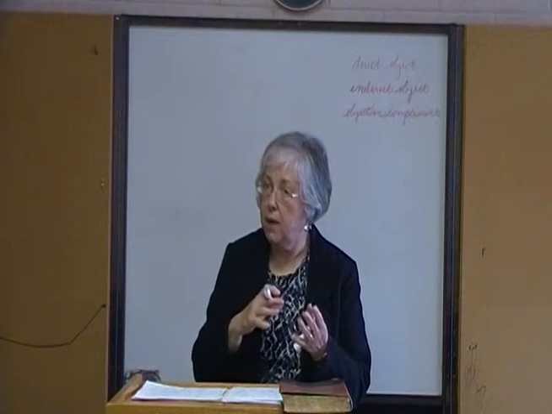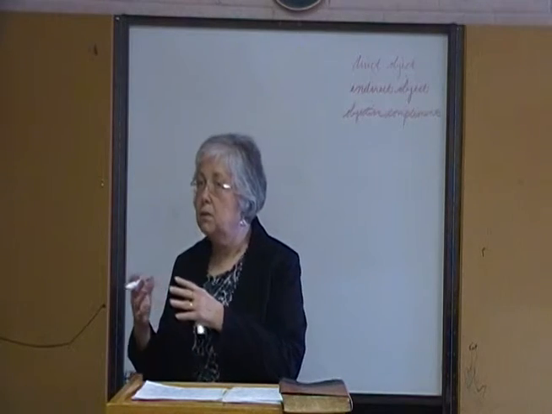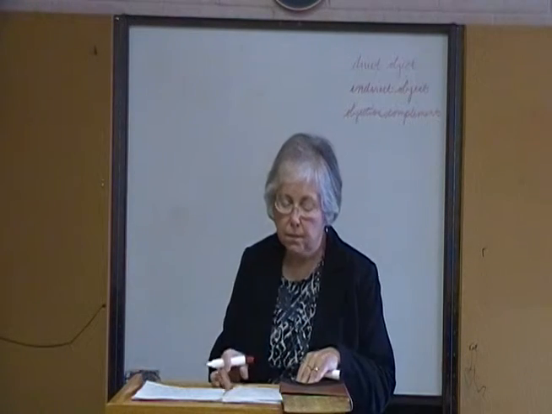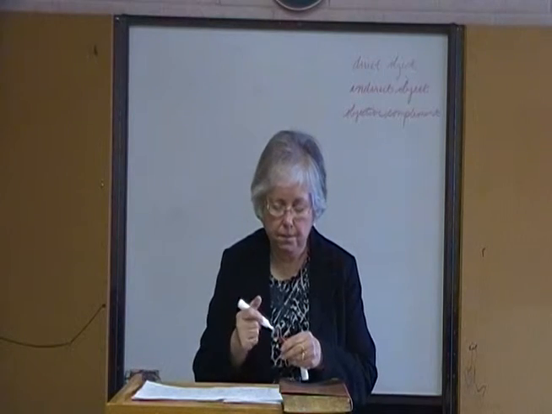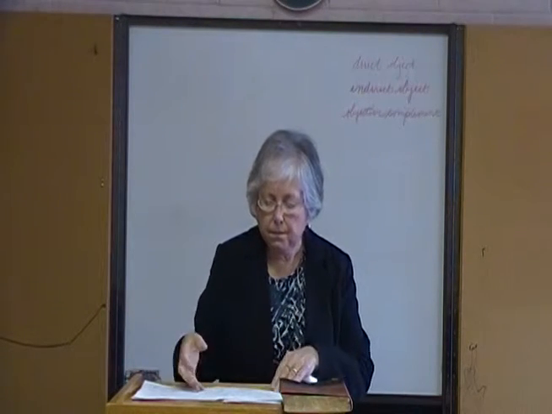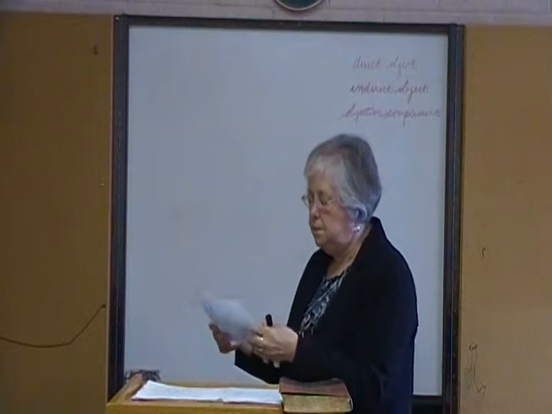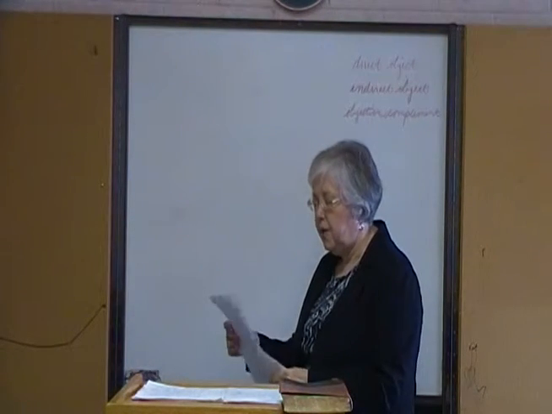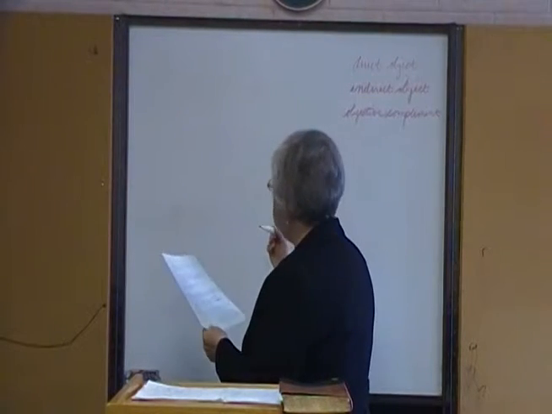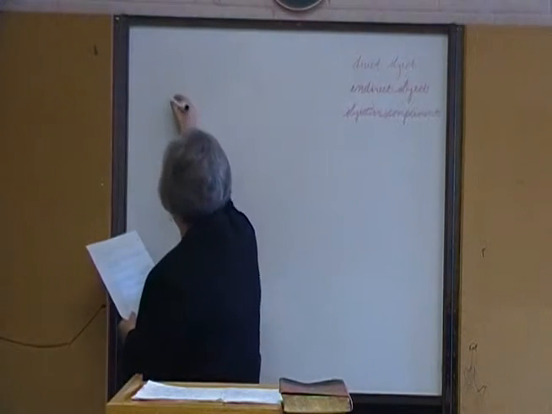And again, it can be a noun, it can be a pronoun, or it can be an adjective. Let's take a look at some examples to explain what I mean. Keep in mind, as I write the sentences on the board, to find the verbs, because we always need to start with the verb.